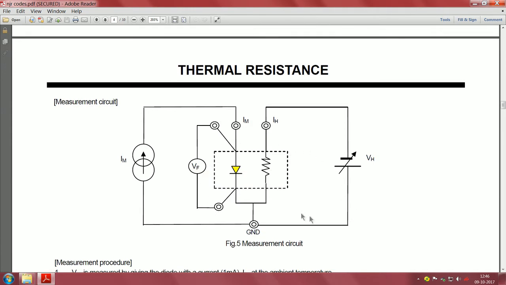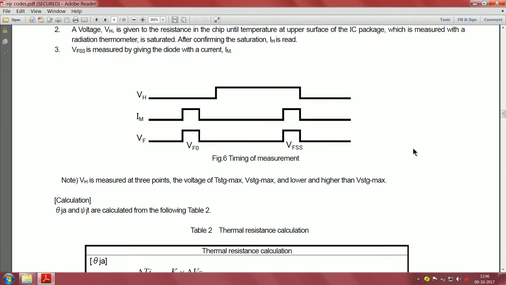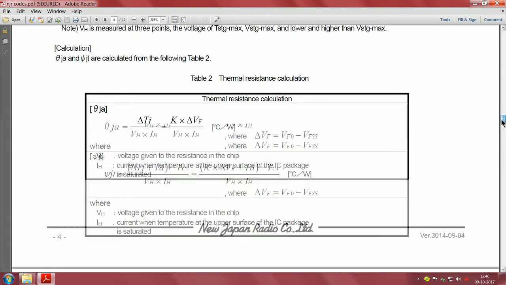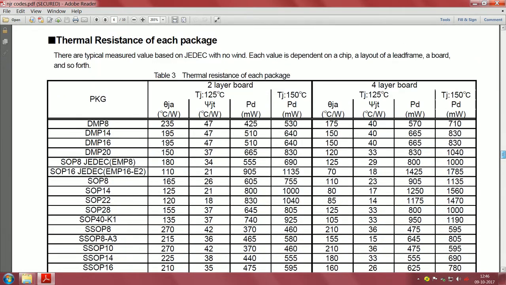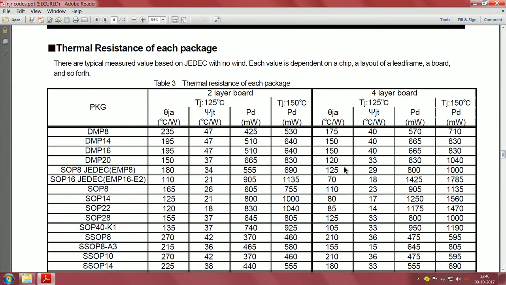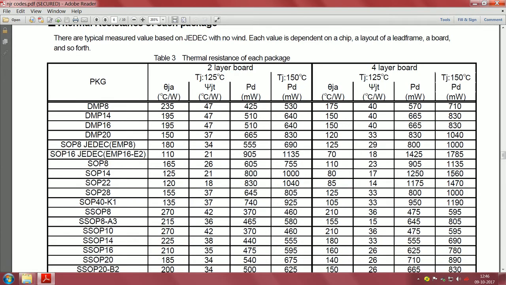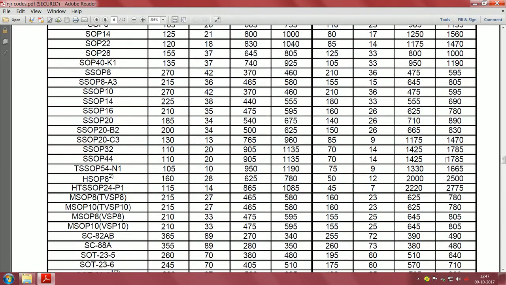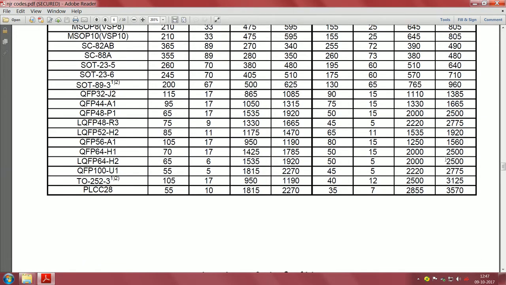So, we have all these models, and how to design the circuit and how to generate heat in the first instance. We have so many of these things saying what the power dissipation is on a 2-layer board, 4-layer board, anything you can think of, and it has probably already been calculated and kept.